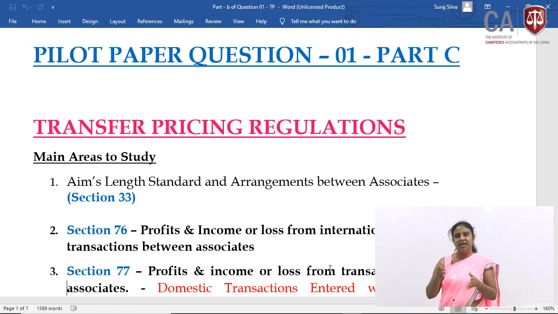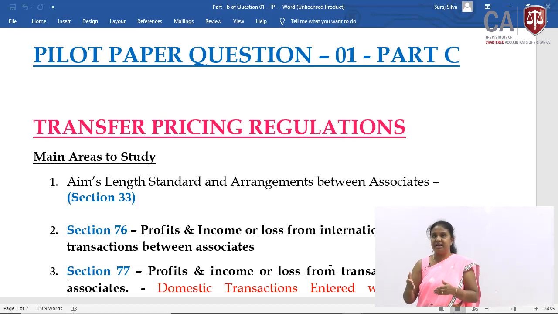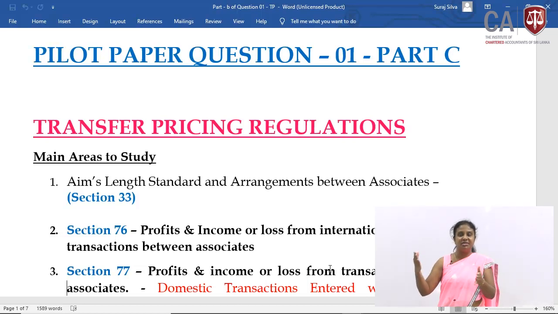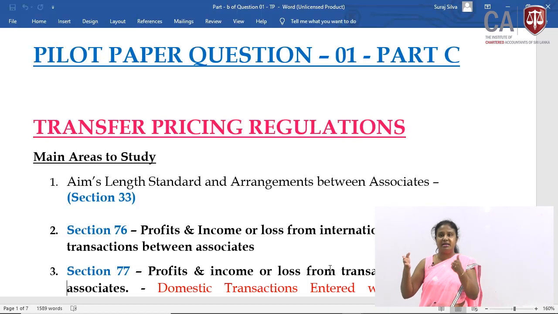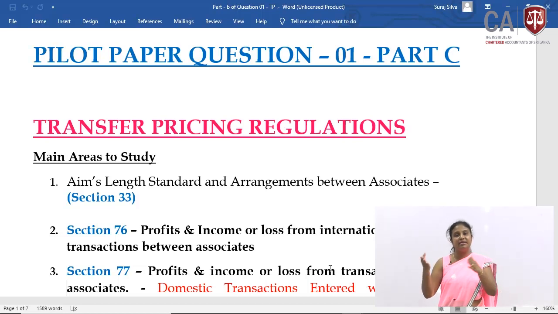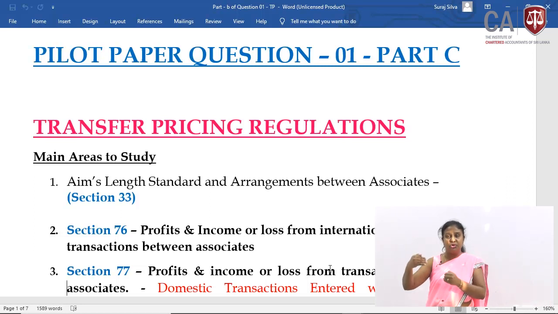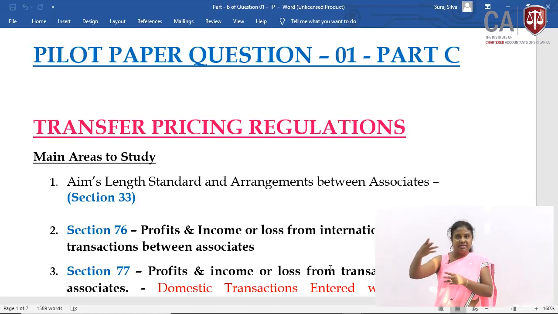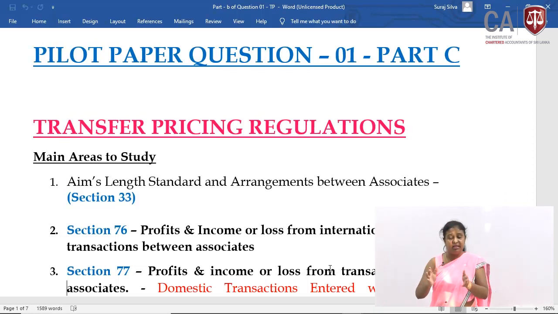Section 33 very clearly mentions that if there are transactions between associated undertakings or other associated persons, they should be at the arm's length price, or else should be like a transaction done with an independent person. I think it's clear. Therefore, arm's length pricing between associated undertakings is very, very important.